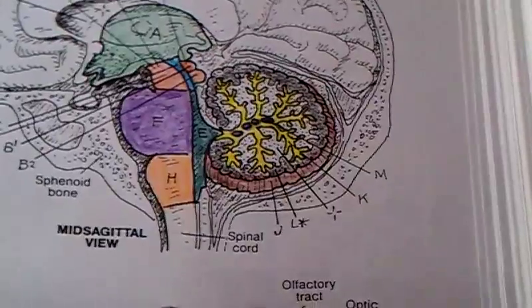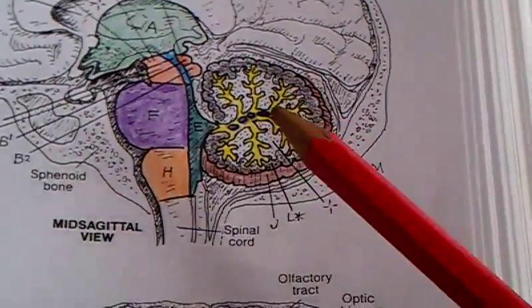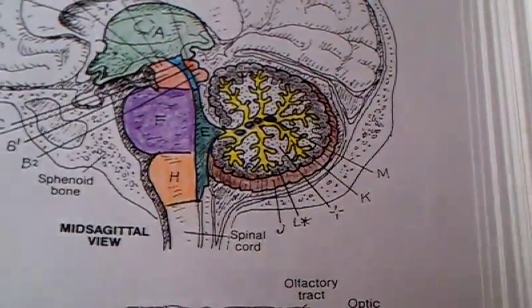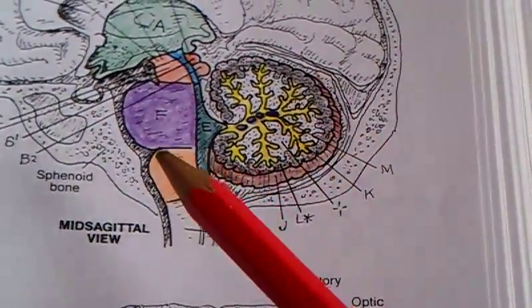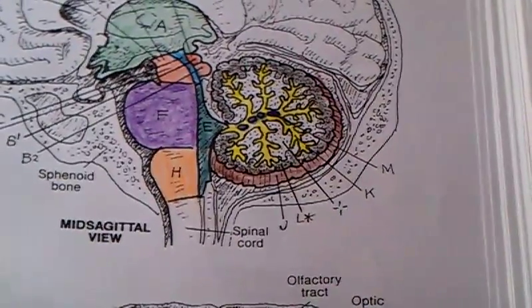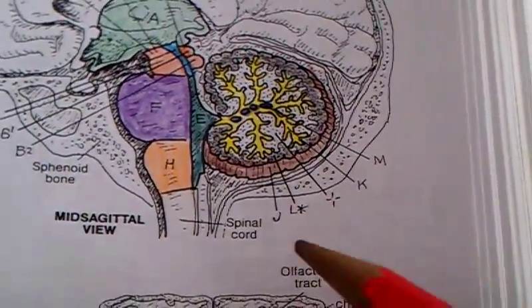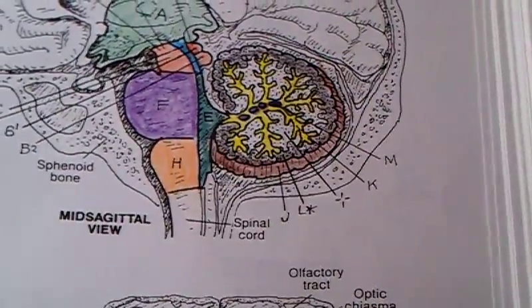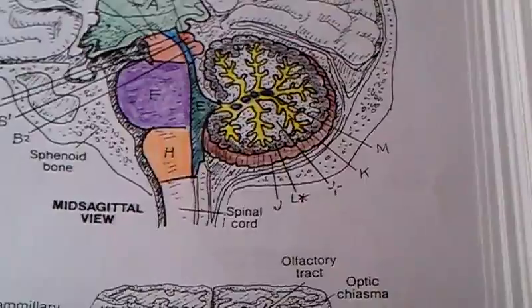You have the cerebelloreticular tract that goes back to the reticular formation. And you have the cerebello-olivary tracts that go back to the olives. And all these tracts serve for performing cerebellar functions: maintaining muscle tonus, equilibrium, and muscular coordination.